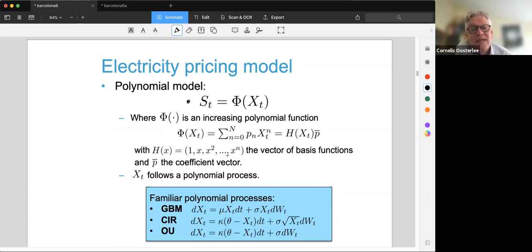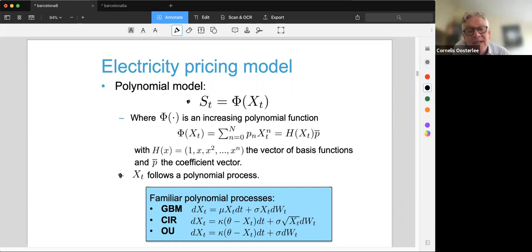It's a vector of basis functions. P bar is the coefficient vector, and X then typically follows a polynomial process. And polynomial processes, well, we can do a whole lecture about those, but I'm not willing to do that. So I just point you to the Filipovic work on polynomial processes.